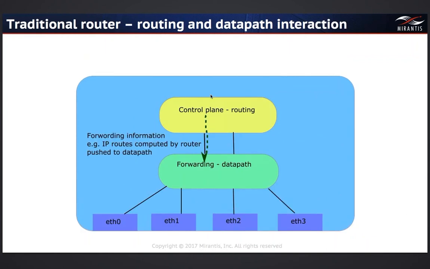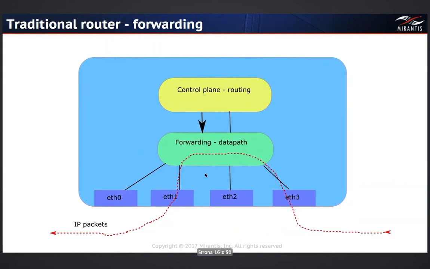And then when those routes are computed, they are pushed to the data plane, the data path, and they get installed from the routing table in the control plane into the forwarding table in the data plane. So once we have those routes installed in forwarding, then the router can start performing packet forwarding.